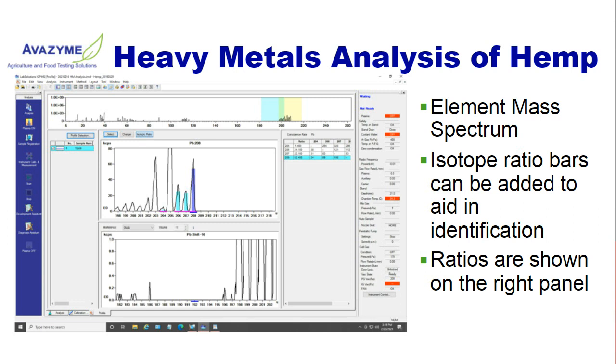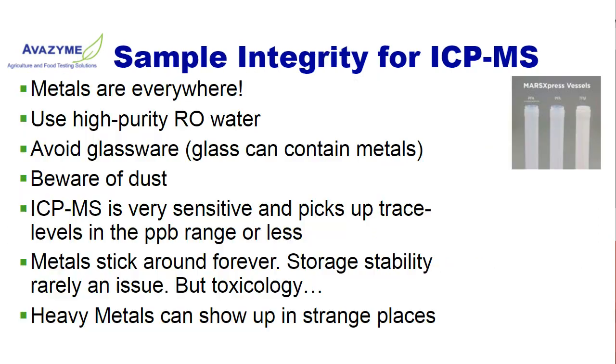In ICP-MS measurements, the sample integrity is crucial, and the environment is almost your enemy here because metals are everywhere. So contamination is not difficult to pick up. It's important to be very careful with sample handling so that we don't measure anything with metal utensils.